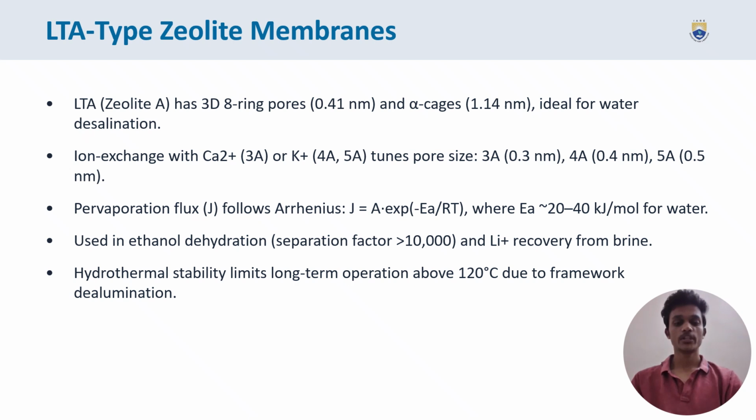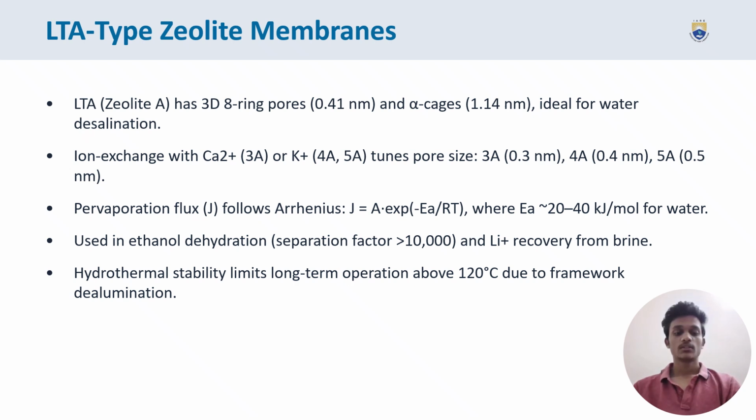LTA type zeolite membranes. LTA zeolite has 3D 8 ring pores and alpha cages, ideal for water distillation. Ion exchange with Ca2+ or potassium plus tunes pore size: 3A, 4A, 5A nm.